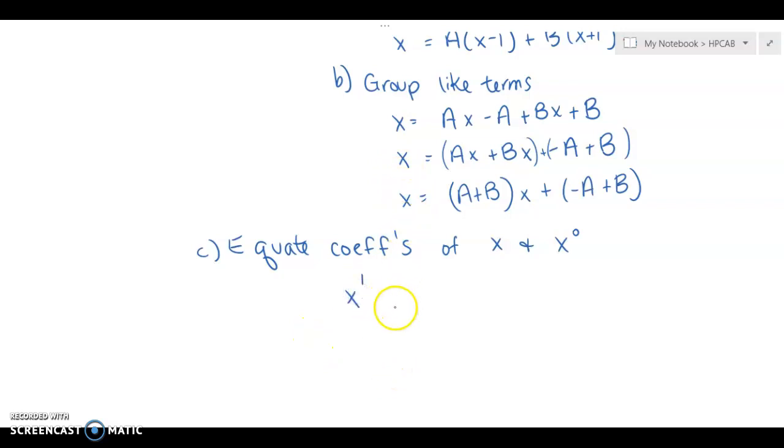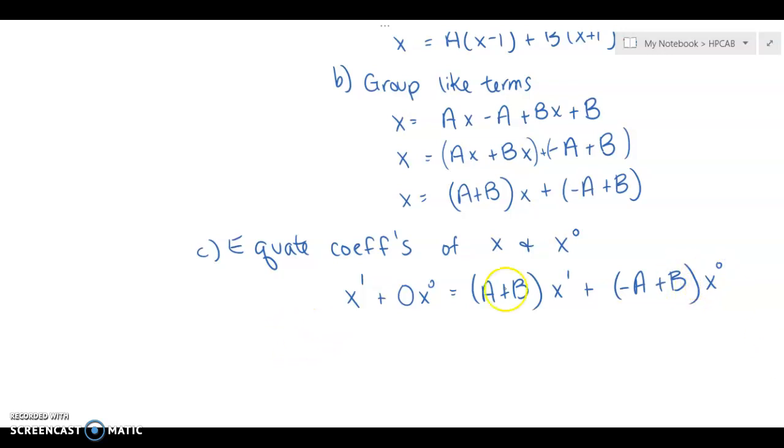This is like saying x to the first plus technically 0 times x to the 0, which is the same thing as just x. And on the right side I still have (a plus b) times x to the first, and then I have this negative a plus b, and technically we could multiply that by x to the 0, because x to the 0 is just 1, so multiplying by 1 doesn't change it at all.